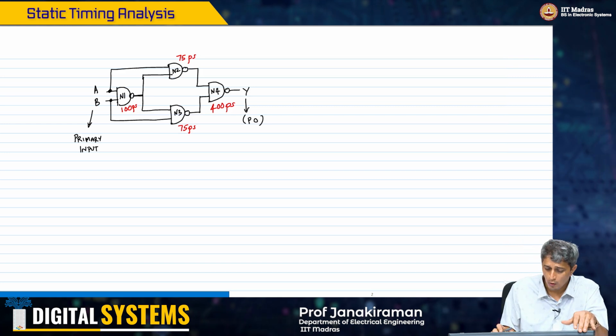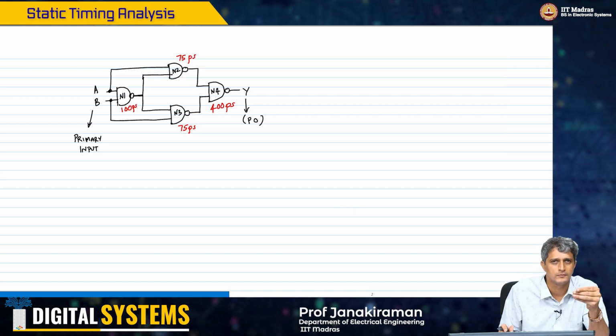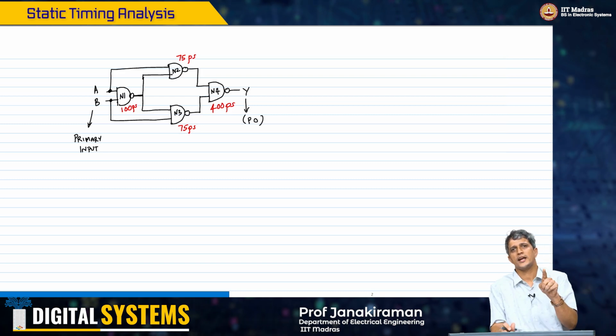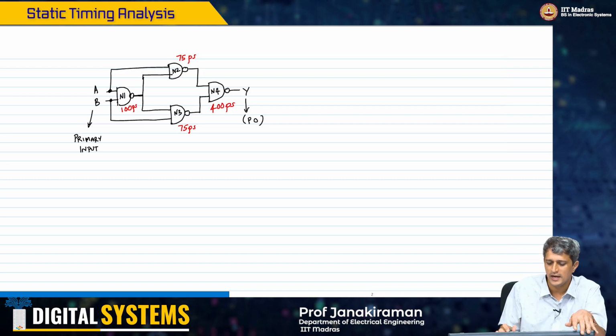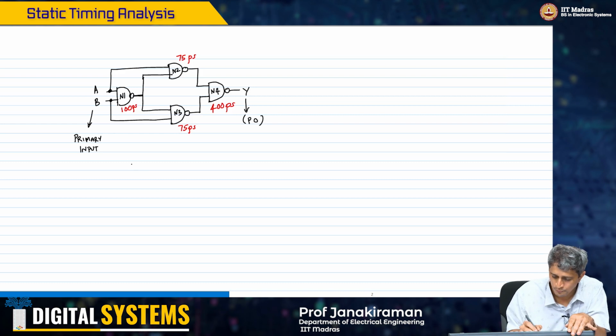So what does this mean? If a change occurs in input A, it will take 100 picoseconds for that change to go through to the output of that NAND gate. Let me show you this example.